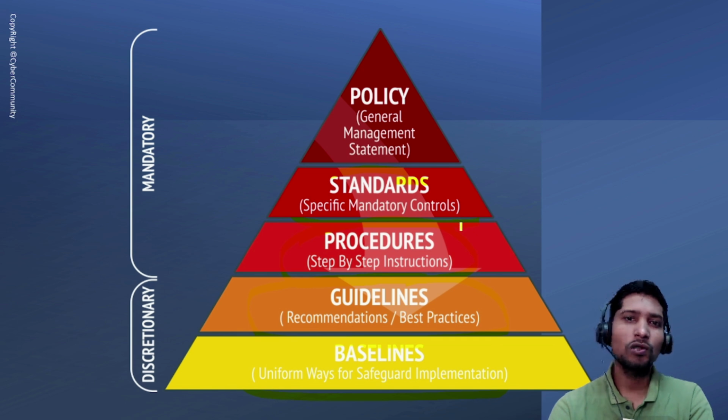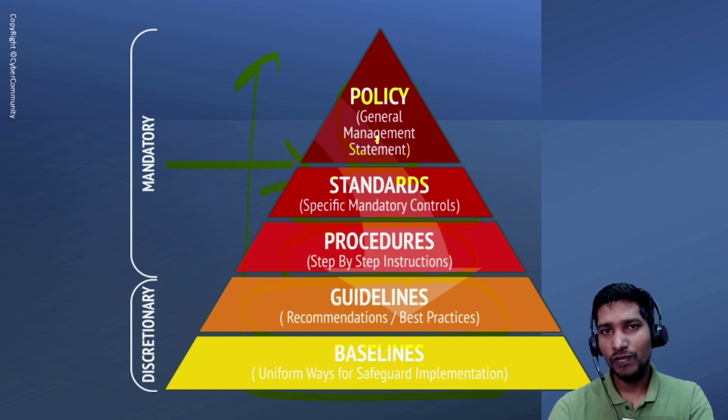All those necessary standards you have to follow, and all those access controls you need to mention in your documentation. And at the last, the policy general management statement, which you can make. So this is how your policy is going to be made, and this is the mandatory part I have mentioned here.